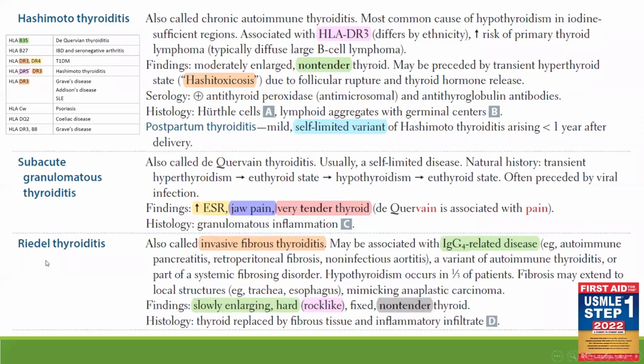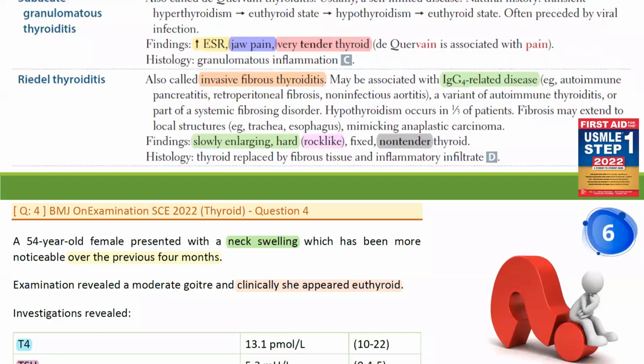And the last one is Riedel thyroiditis, which is invasive fibrous thyroiditis associated with IgG4-related disease like autoimmune pancreatitis, retroperitoneal fibrosis, non-infectious aortitis, and usually presents as a slowly enlarging, hard, rock-like, fixed and non-tender thyroid. Some cases need a drug like tamoxifen, or corticosteroids in very rare instances.